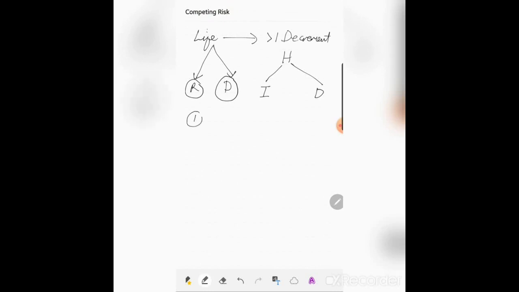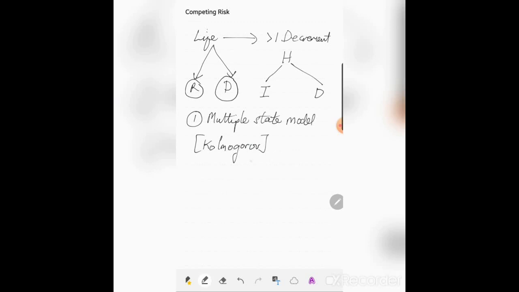The first one is multiple state modeling, where we use the concepts relating to Kolmogorov differential equations, which will be used for solving the probabilities part.